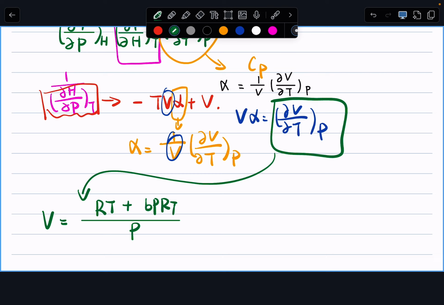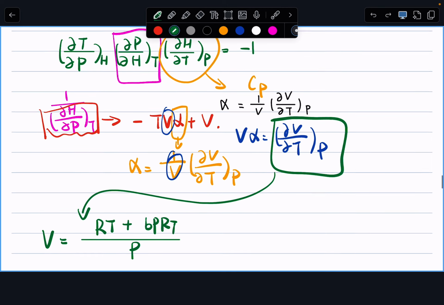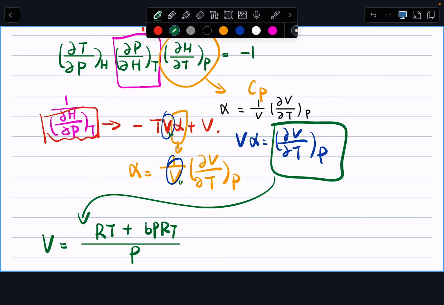And we're taking the differential of volume over temperature at constant pressure, and we can solve that. Well, the molar volume here will be canceled out. Vm just equals V over N, so N is not changing after all, so I'm being a little bit sloppy here.